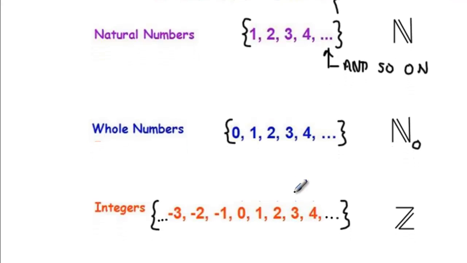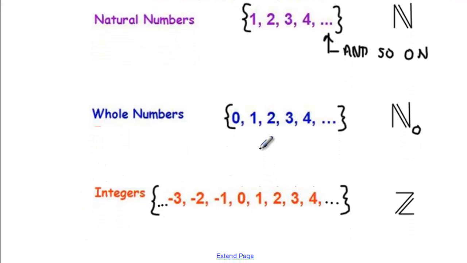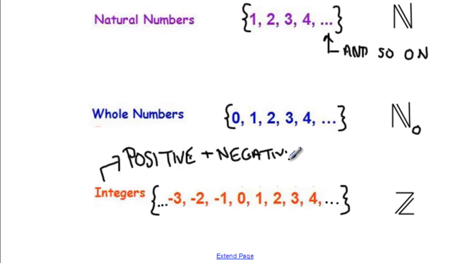And then finally, you've worked with the integers in the past. Integers are positive and negative whole numbers. So the numbers -3 up to 3 and so on in both directions. Just to restate, these are positive and negative whole numbers.